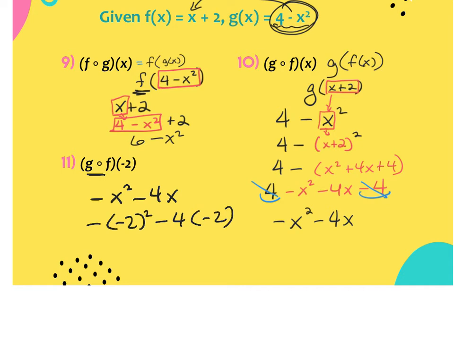And now I'll simplify. Do the exponent first, drop down everything else. Actually, I could multiply the negative 4 and the negative 2, becomes positive 8. And now I'll subtract and get 4. Because it's negative 4 plus 8, signs are different, subtract.